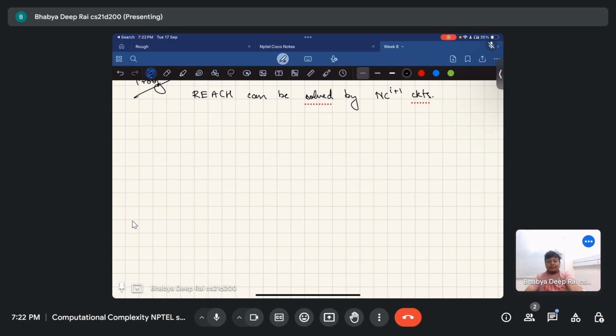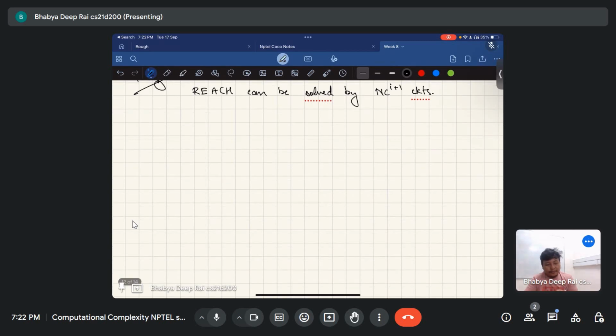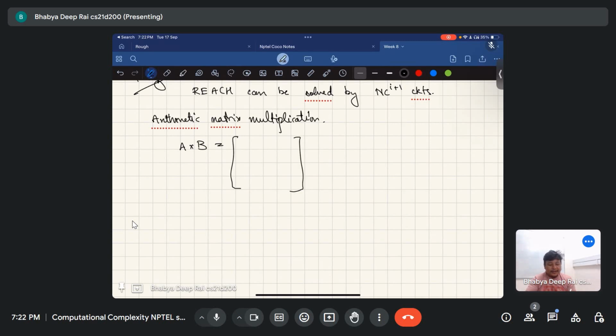Now let's see. You do a matrix multiplication. Let's look at the arithmetic matrix multiplication. Here you have A times B. Let's assume both are n by n, just for simplicity.